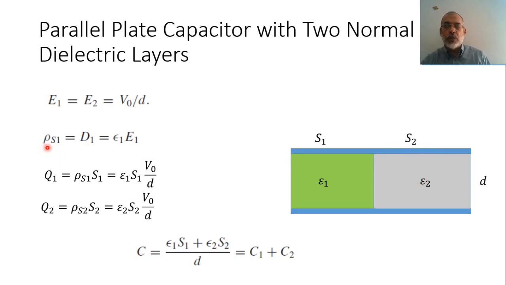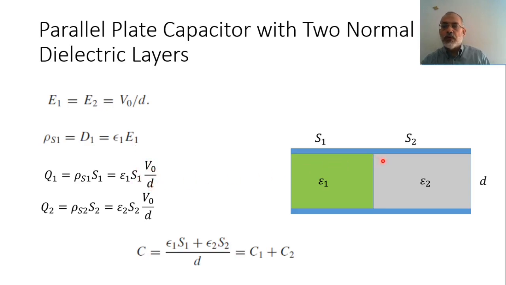So rho surface 1, the surface charge density in area 1, would be D1, which corresponds to epsilon 1 multiplied by the electric field E1. So the charge on surface 1, Q1, would correspond to rho surface 1 multiplied by surface 1, so it would be epsilon 1 multiplied by the electric field V naught over d multiplied by surface 1.